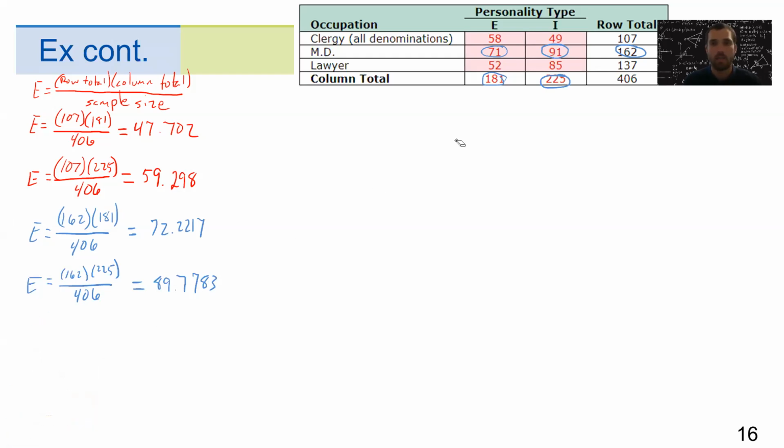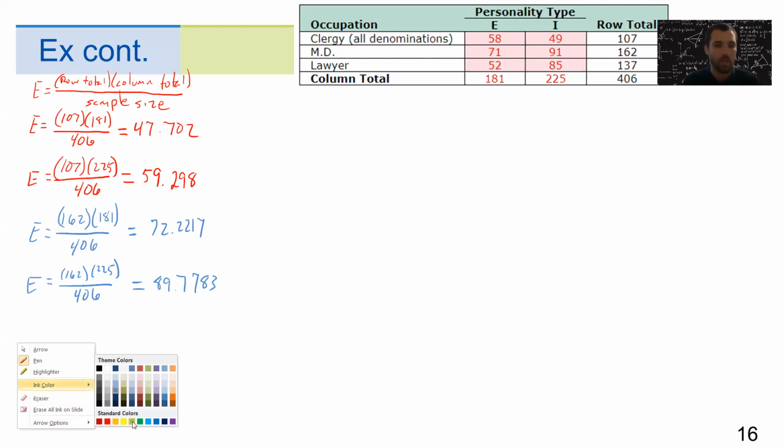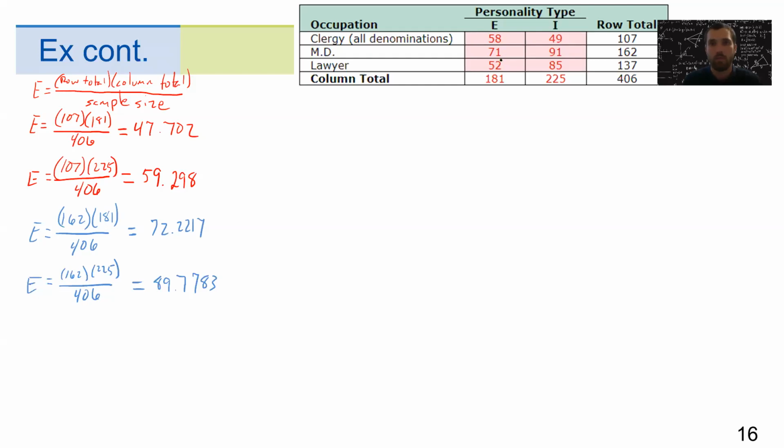And now I just need to find E for the last row. I'll change my color to green. For here at 52, I'm looking at my row total of 137 and 181.